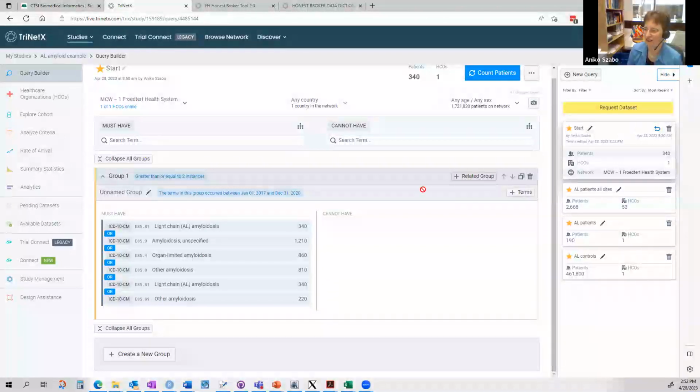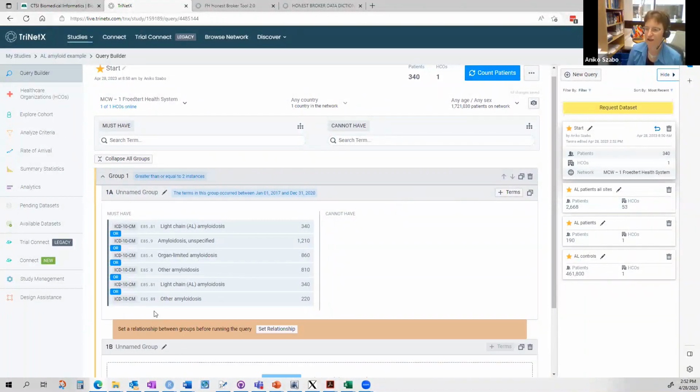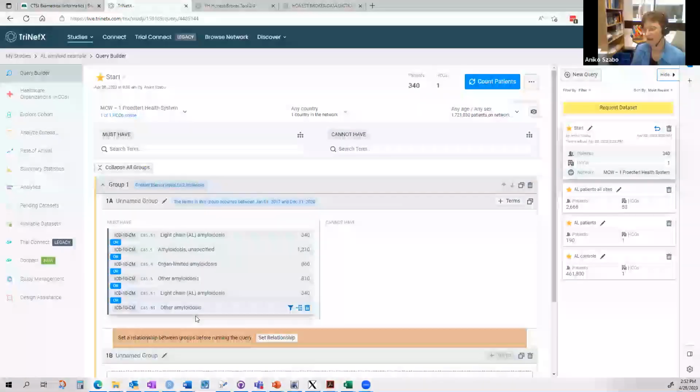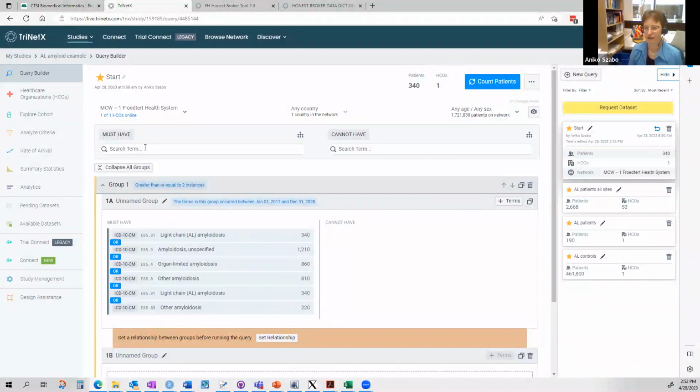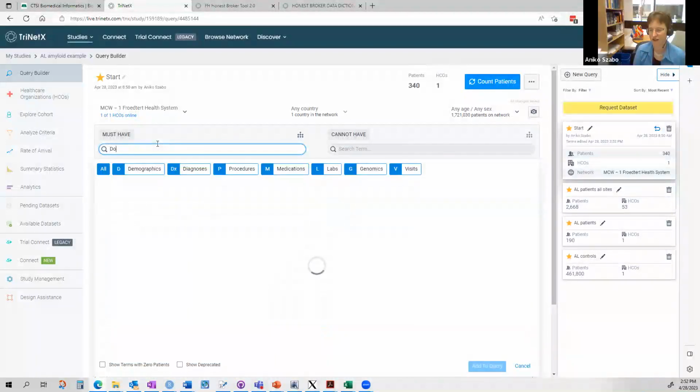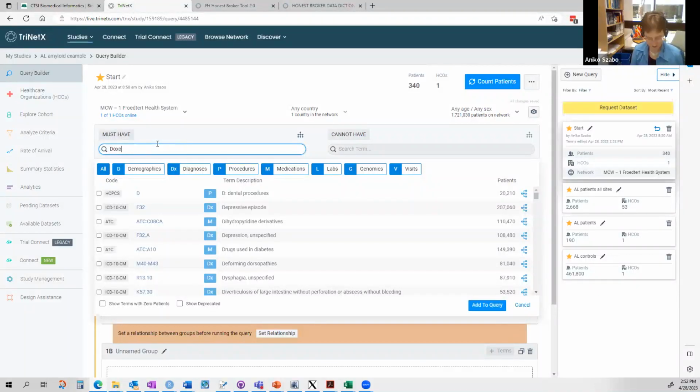I can add a related group, a second group, where maybe I said I want them to have chemotherapy, right? So let's start searching for, say, a chemotherapy drug. I think doxorubicin. It's just kind of slow. Doxorubicin was one of the chemotherapy agents.